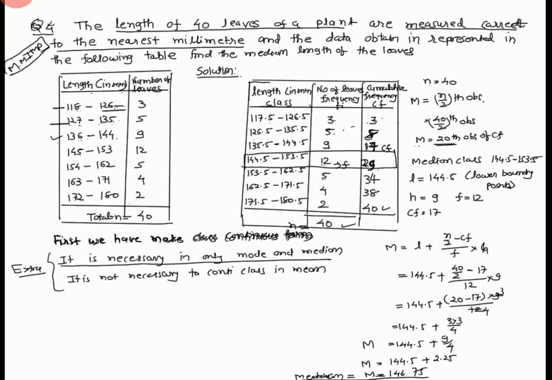Dividing 9 by 4, the answer will be 2.25. Therefore m equal to 144.5 plus 2.25. Therefore median equal to m equal to 146.75.